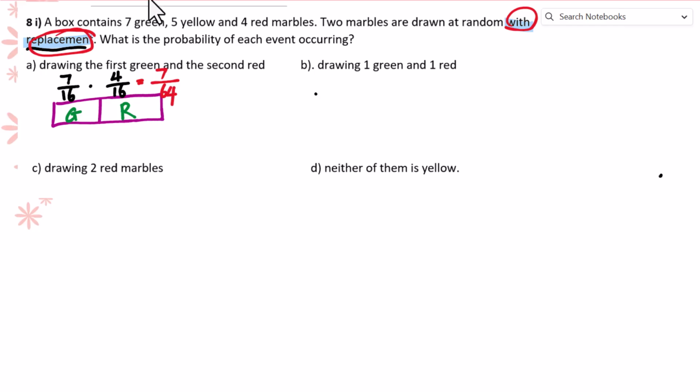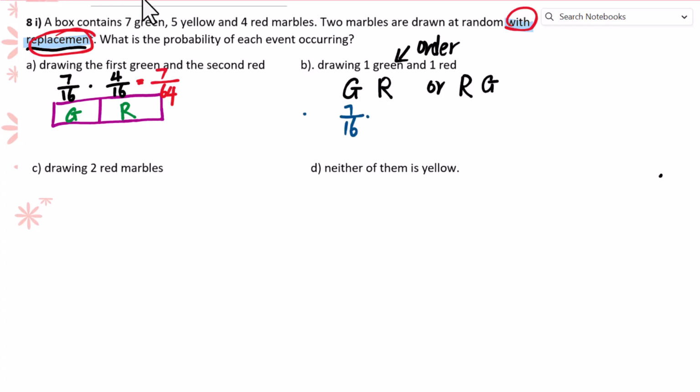B. Drawing one green and one red. This time you need to consider the order. These two marbles could be the first one green, second one red, or the first one red, second one green.